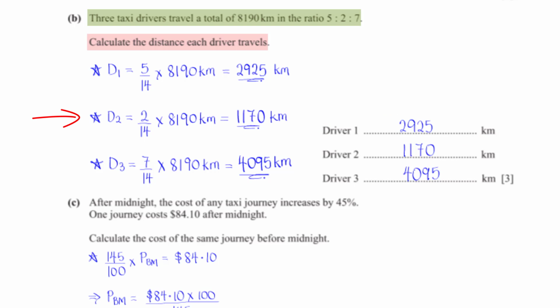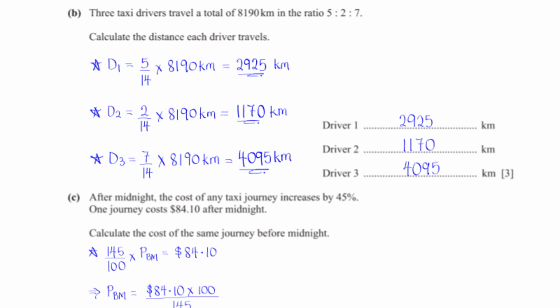Driver 2 travels a total distance of 2/14 times 8,190 kilometers, and this gives us 1,170 kilometers. Driver 3 travels a total distance of 7/14 times 8,190 kilometers, and that gives us 4,095 kilometers.